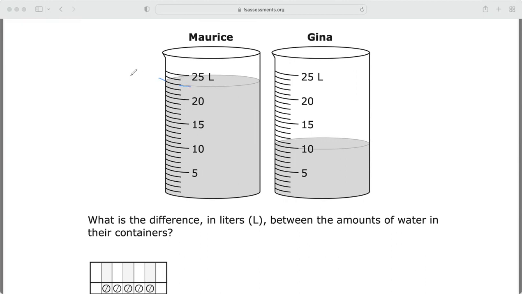So the line is at 23. This one, it looks like the line is exactly at 10. So if we were to subtract 23 minus 10 to find the difference, that would give us 13.